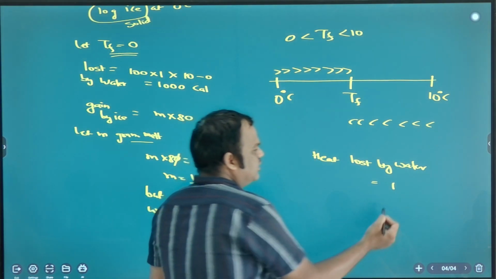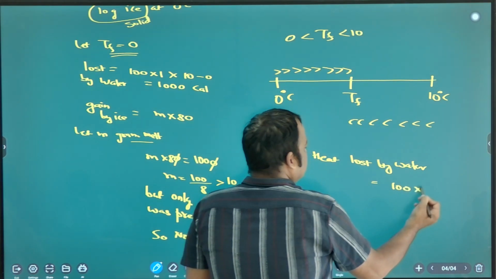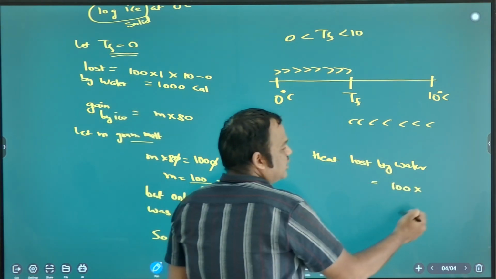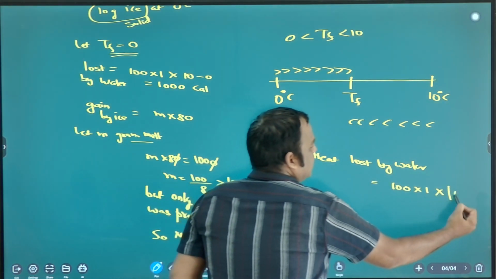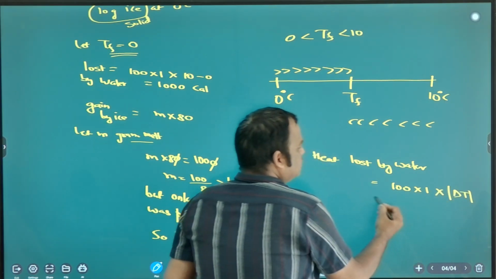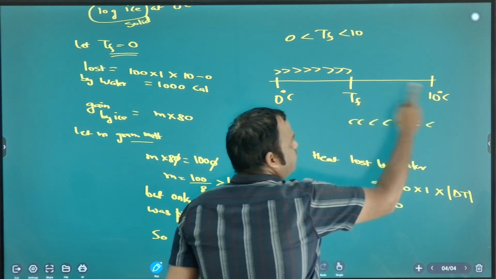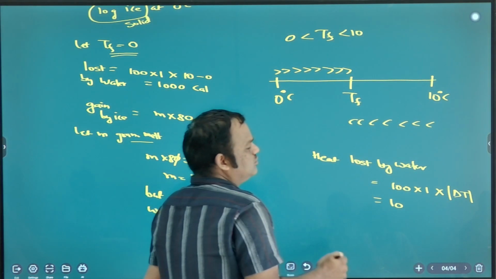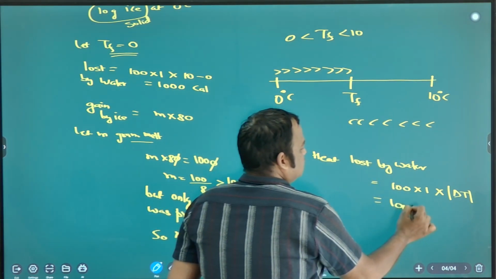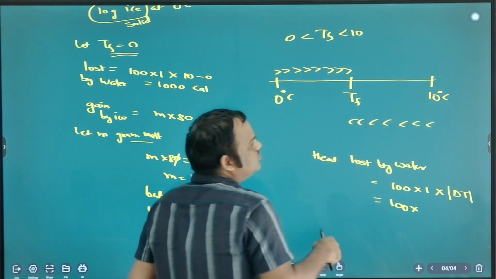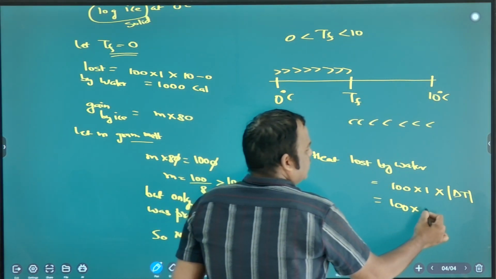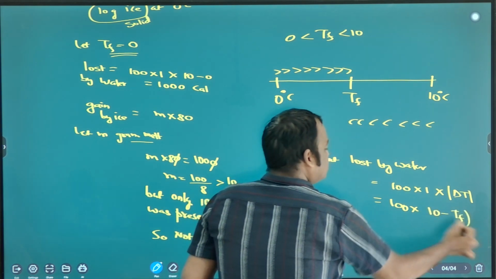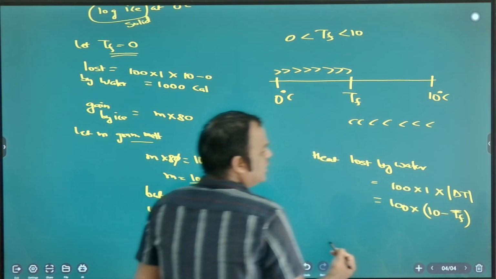The mass of water is 100, S, and the magnitude of delta T. Is it TF minus 10 or 10 minus TF? Which is greater, TF or 10? 10. So 100 into 10 minus TF.